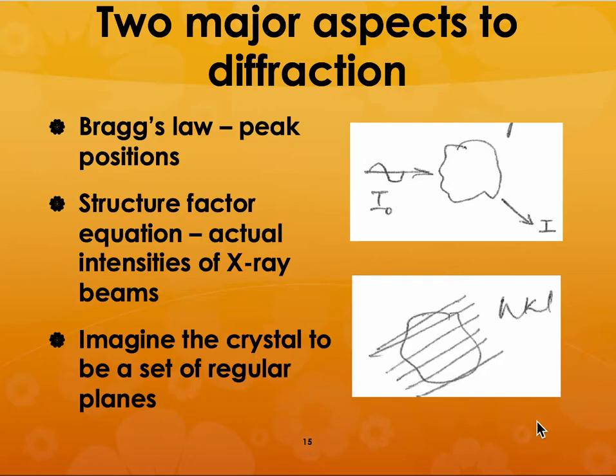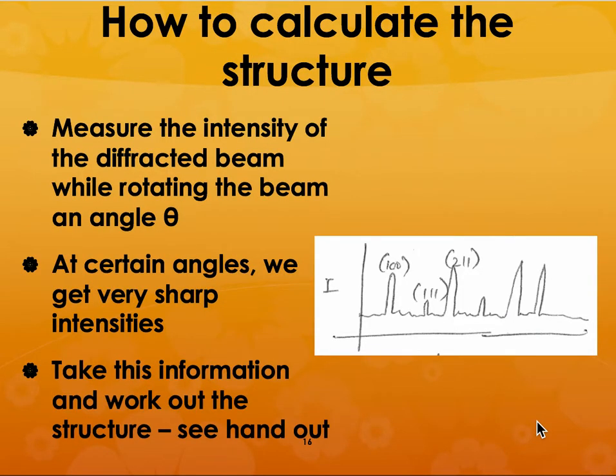So if you imagine that the crystal is a set of regular planes, you expose the crystal to an X-ray beam of a specific intensity, and you rotate that beam through a certain angle theta, and when that happens, you get a spectrum of this sort.